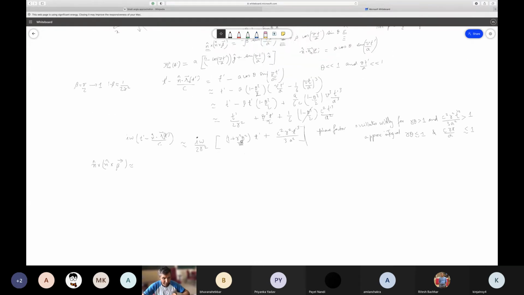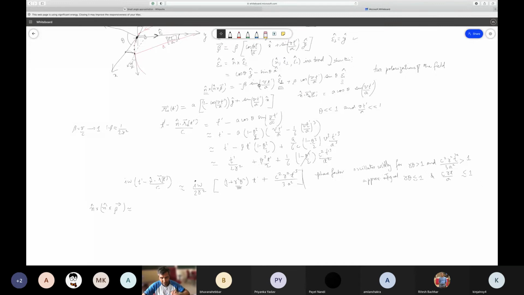This can be approximated because, again, we have this Vt prime by A and theta. We can make the small angle approximation. So what do we have? So this is equal to epsilon perp hat times minus Vt prime by A, plus epsilon parallel hat times theta times 1 minus V prime t prime.